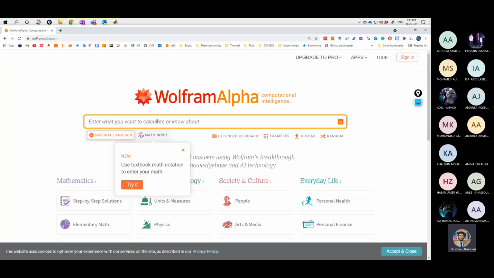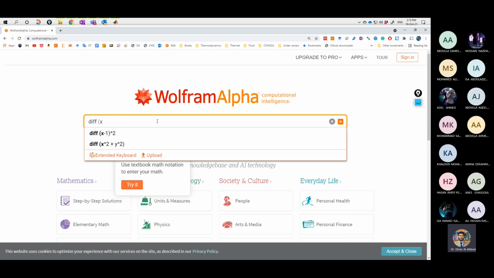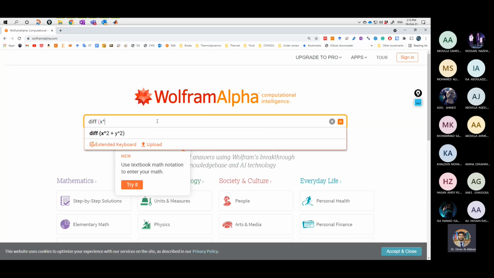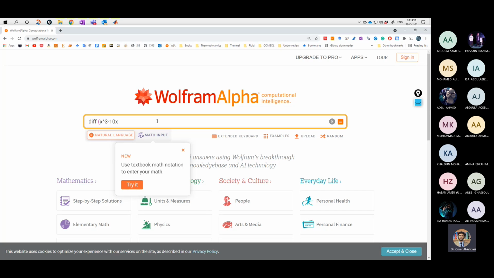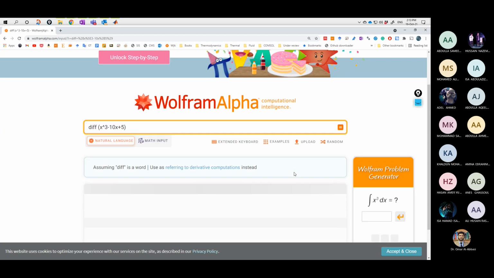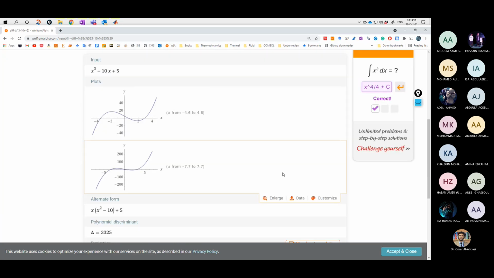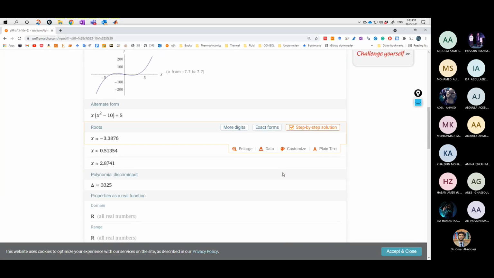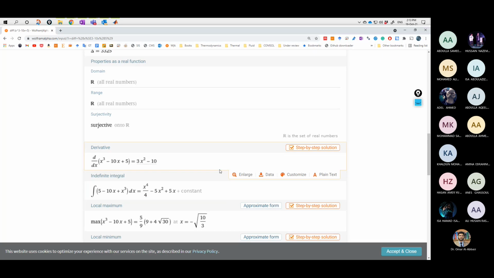So you can simply say x cubed minus 10x plus 5. Let's do that stuff. Okay, that is the derivative that you wanted, right?